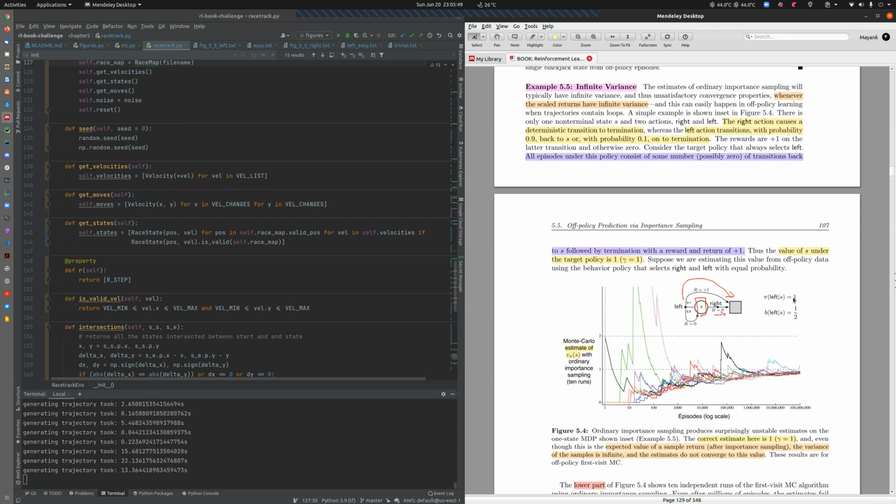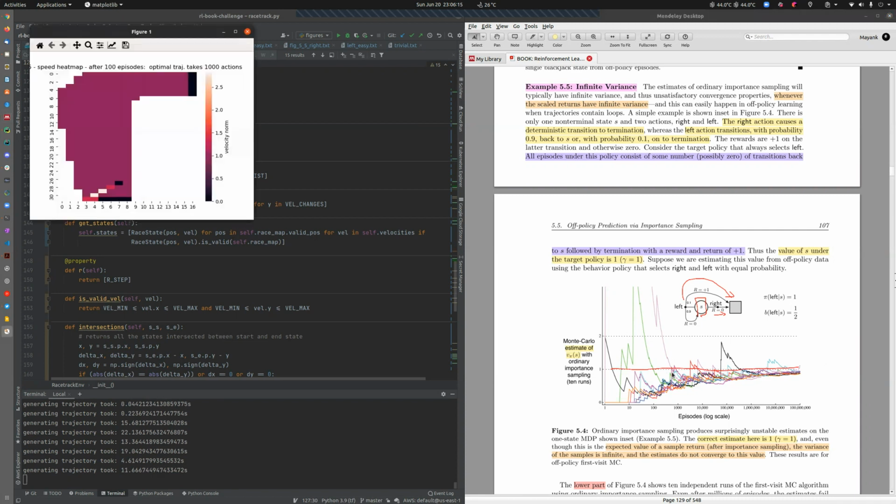These are the two conditions that we had, and based on this we gave an example. This is the line which is the correct estimate that we want to reach.